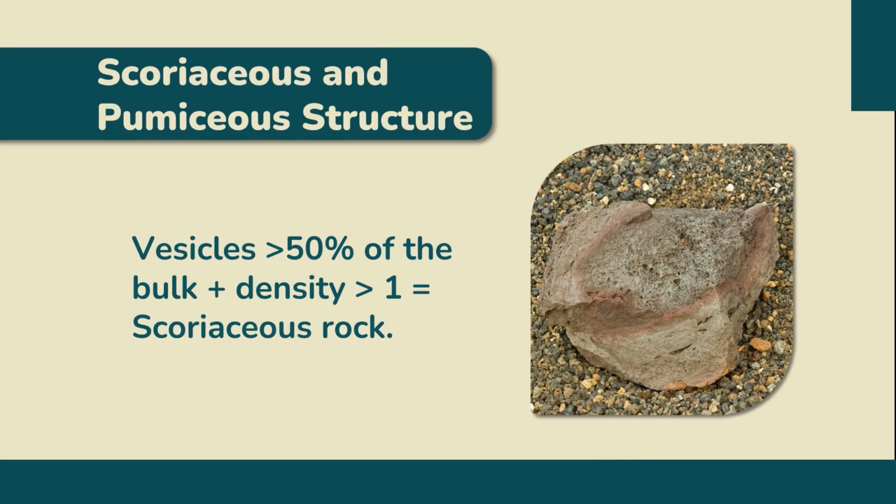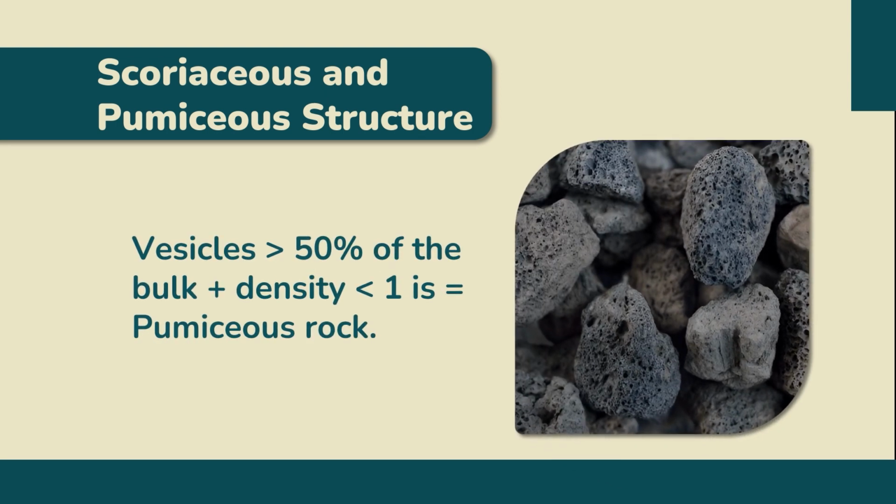In both cases the vesicle proportion is greater than 50% of the bulk, but there is a marked difference in density. Scoriaceous rocks have a density greater than 1, but pumiceous rocks always have a density less than 1. That is the only difference.